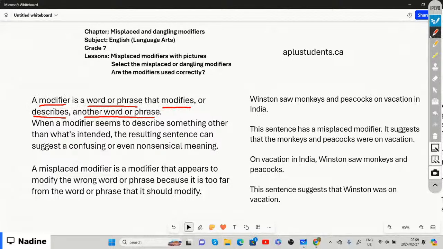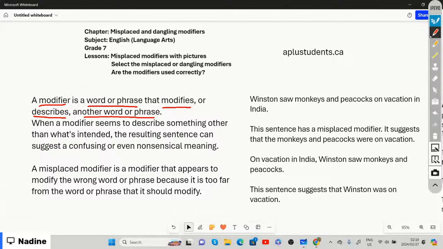And when a modifier seems to describe something other than what's intended, then the resulting sentence can suggest a confusing or even nonsensical meaning, right?